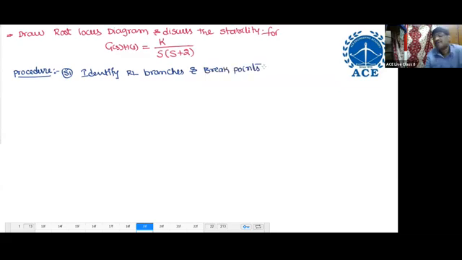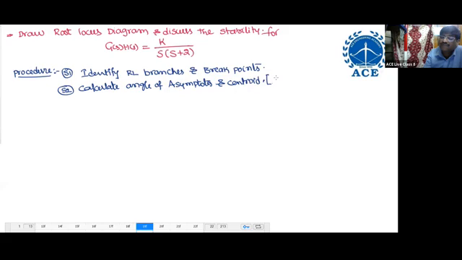Step 2: calculate the angle of asymptotes and centroid. If required, calculate the angle of departure and arrival.